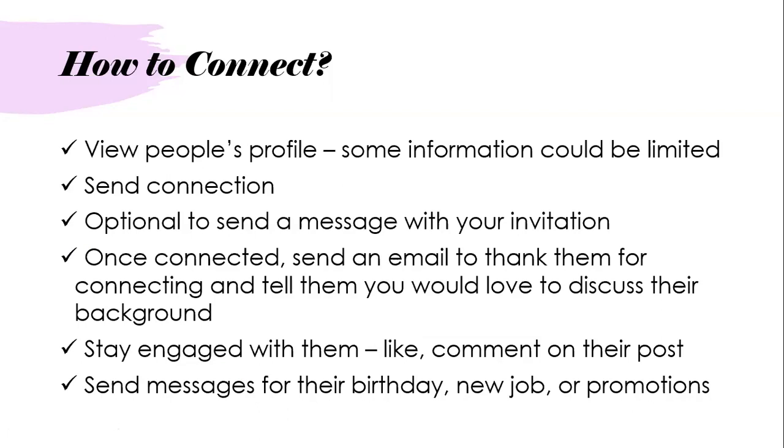Someone who is in my third level, I'm not going to see all of their information. If an individual has intentionally set up their profile so that second and third level connections cannot read it, you are only going to see their name and their headline and possibly their company if they have that released.